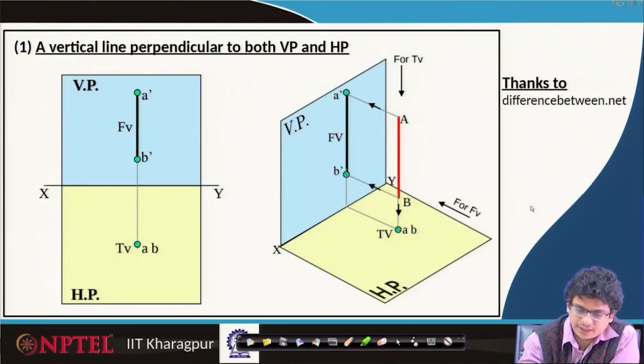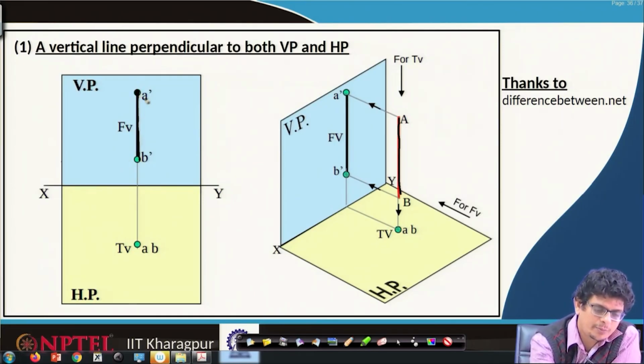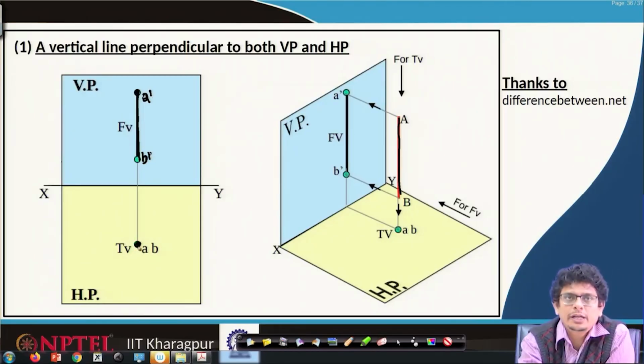The answer for this line when we are projecting turns out to be A point mapped to A prime, B point mapped to B prime, whereas in the top view, because we are in the first quadrant, it goes to AB level.